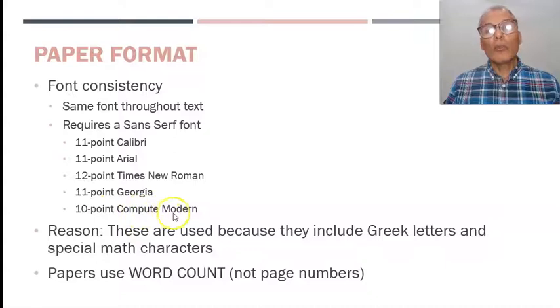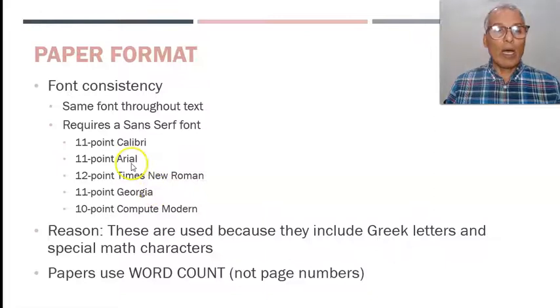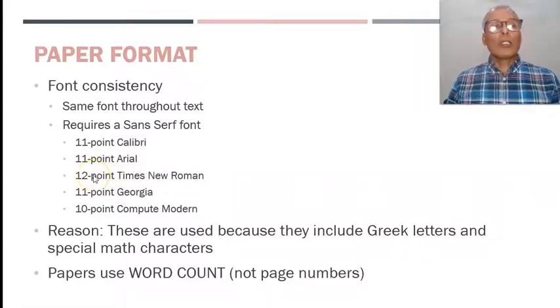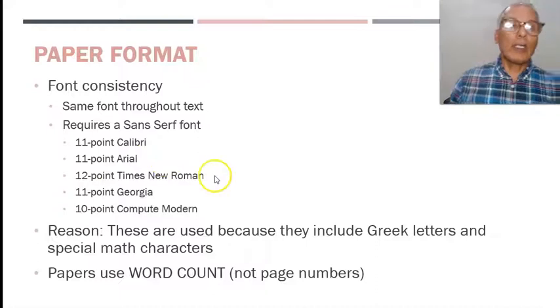If you use Computer Modern, which is really rare and has some key features, you use 10. But the most common again is Times New Roman. Calibri comes next. Arial comes after Times New Roman and Calibri. So any one of these, as long as if you choose one, use the right size of the font.